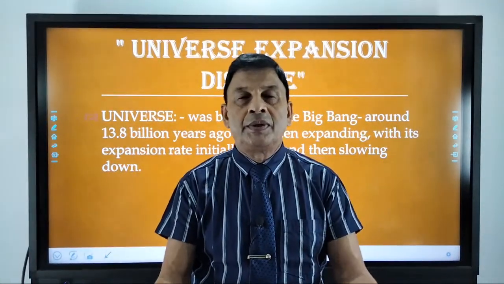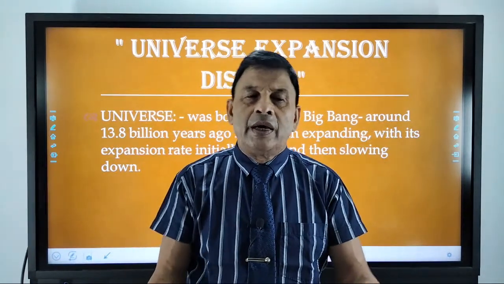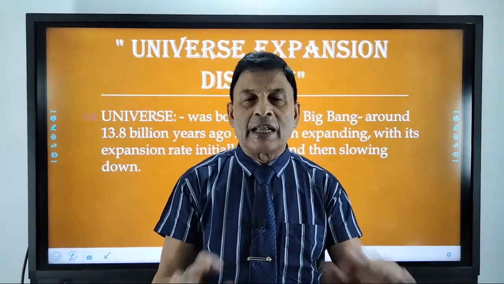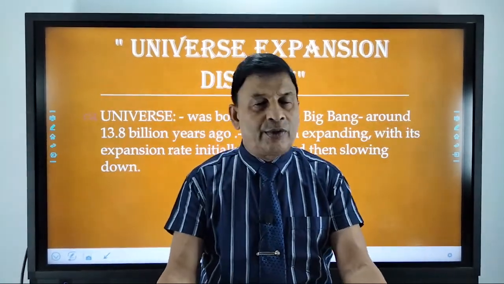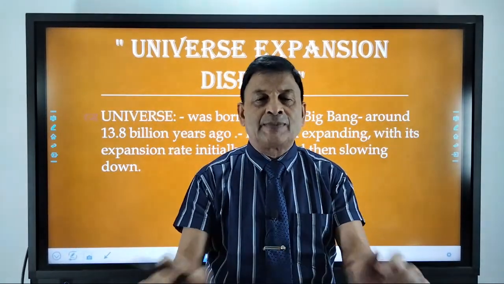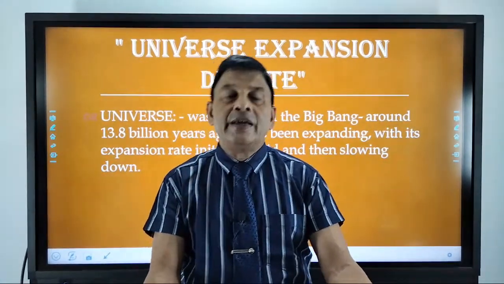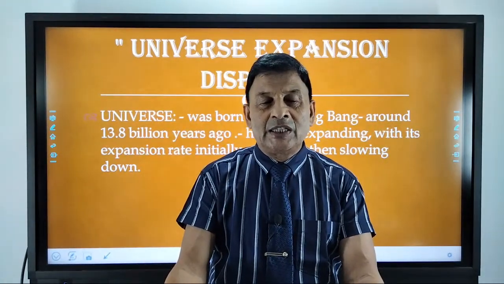Now come to know a very brief fact about the universe. The universe was born out of a big bang, Bada Dhamaka, around 13.8 billion years ago. It has been expanding. Initially the expansion rate was rapid, then it began slowing down.